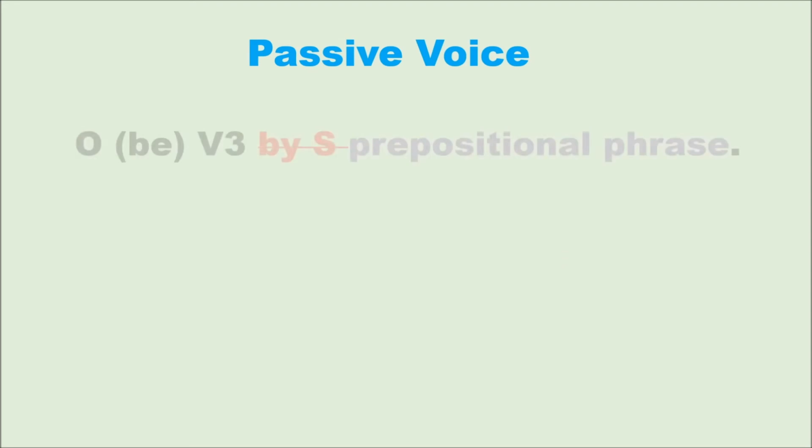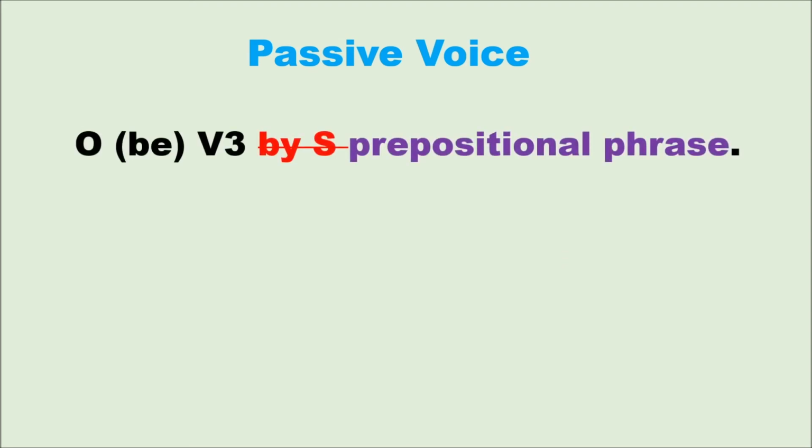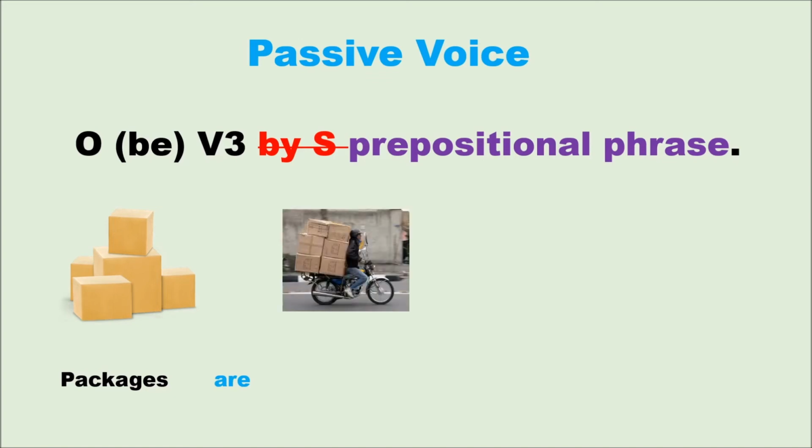The passive voice version of this sentence will leave the prepositional phrase in place and we will delete the subject again. So we must begin with the object. What was the object? Packages. Packages was the object. What form of be will we use? Are. Are is correct because packages is plural. And what was the original verb in the active voice sentence? Bring. Bring or brings, correct.